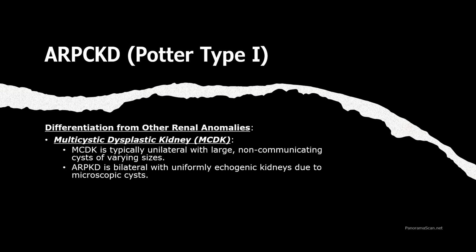In contrast, ARPKD is bilateral and shows uniform echogenicity due to the presence of microscopic cysts. The key difference here is that MCDK involves a single kidney and large cysts, while ARPKD involves both kidneys with a more uniform and subtle cystic appearance.